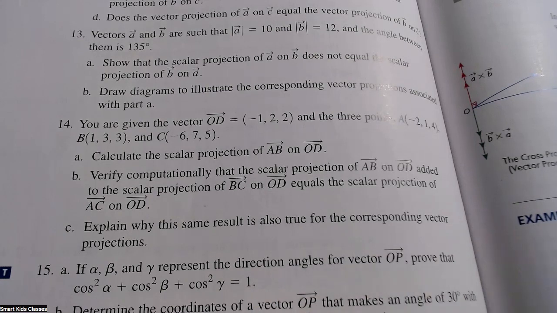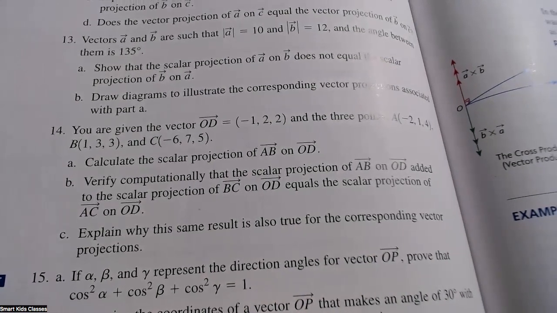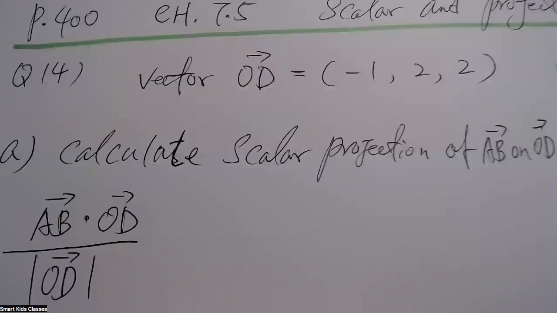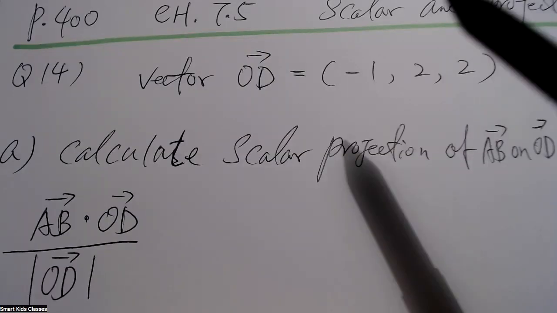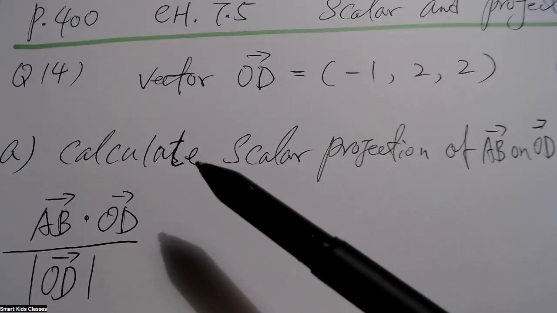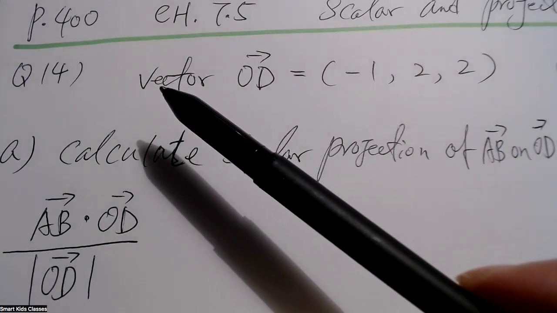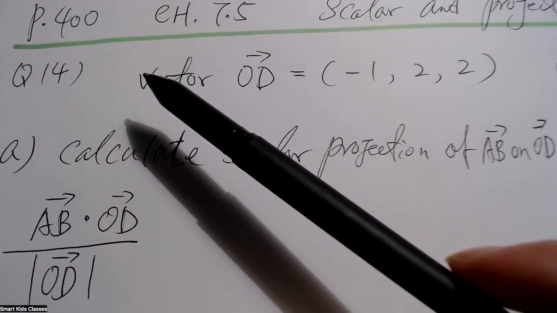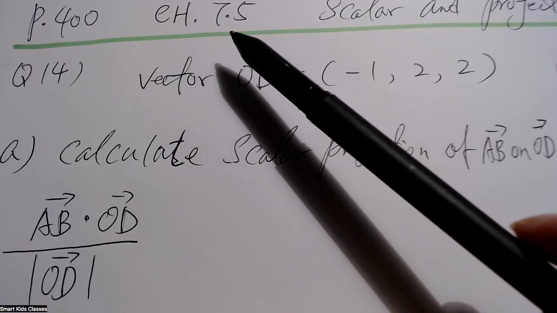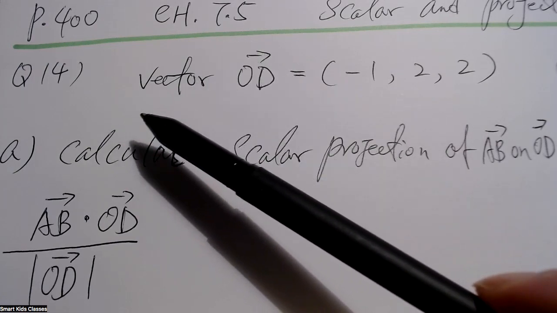Well, this is a large question, so it has 3 parts to work on. Now I'm going to write it on paper to illustrate it to you. Now I wrote it on paper, page 400, Unit 7.5, question 14.